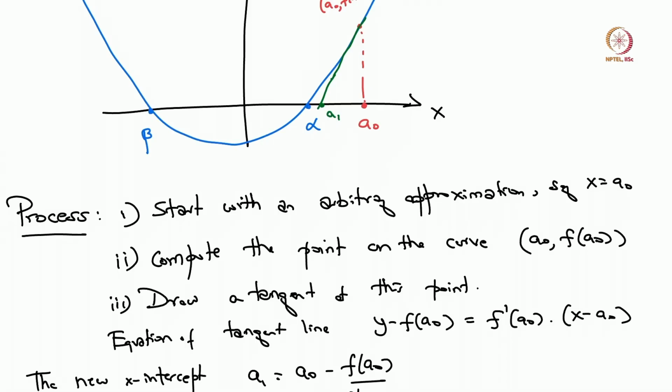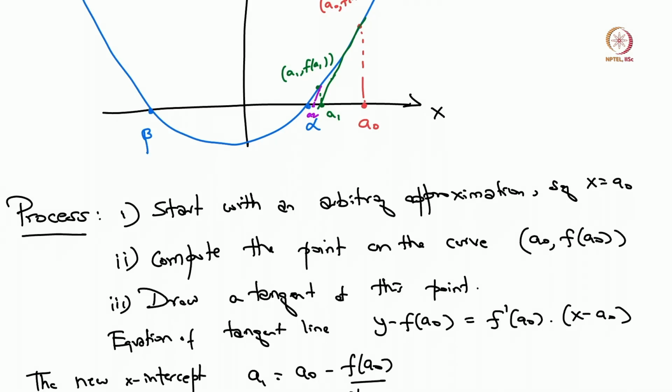Again you try to find where a1 meets the curve, pardon my drawing. So you get this new point a1, f of a1, and now you draw a tangent line from there. Then you get this new point a2, and you repeat this process iteratively. You see that you get closer and closer to this root alpha.